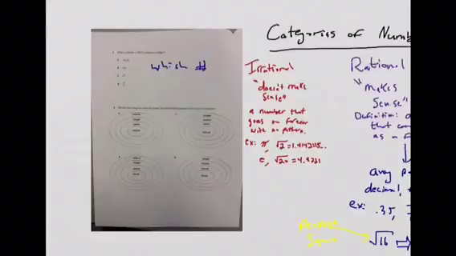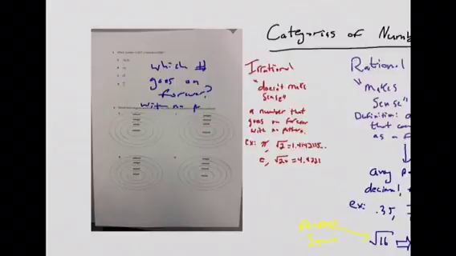Which number goes on forever, and with no pattern? With no pattern. That's also key. So I know that negative 26.25 stops, and it actually can be expressed as a fraction.